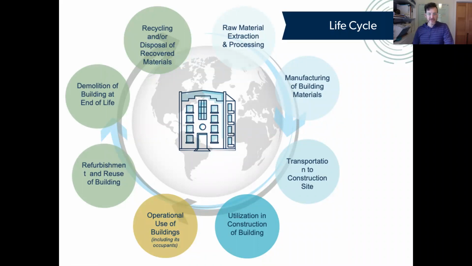As you can see in this illustration, starting from raw material extraction and processing, moving around to manufacturing of materials, transportation of all those materials to a site, the actual construction phase, and then the yellow circle down there, the operational use. That's where most of our efforts have gone in terms of reducing the carbon emissions associated with actually operating the buildings.